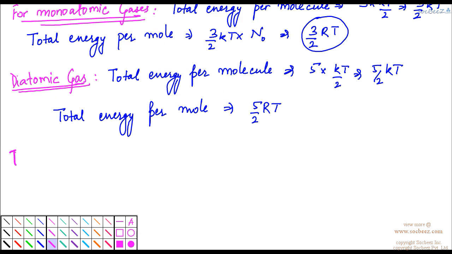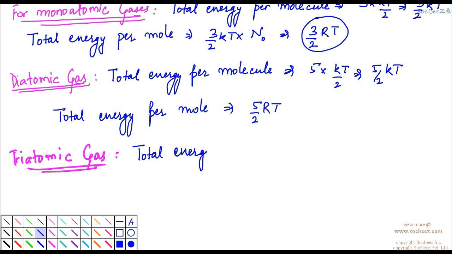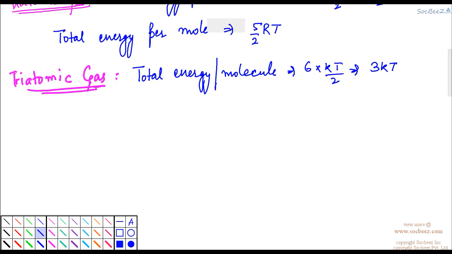And as we know, for the triatomic gas, the degrees of freedom is 6. So it will give us total energy per molecule equals 6 into kT by 2, or we can directly write it 3 kT, and total energy per mole is 3 RT. Okay.